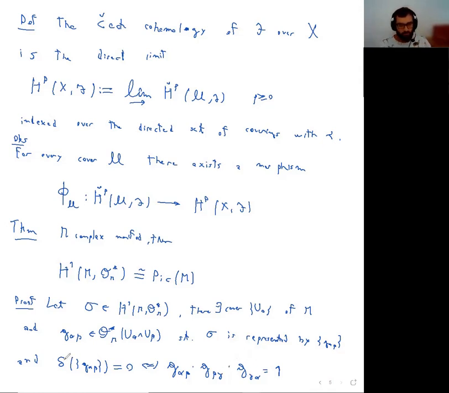And why is that true? Well, if you take alpha equal to gamma, then g_alpha_gamma is the same as g_gamma_alpha inverse. So basically what I'm trying to say is that this g_alpha_beta satisfies the cocycle conditions, precisely the cocycle condition that we saw back when we were doing line bundles.